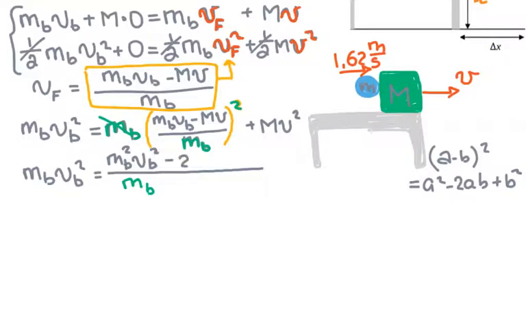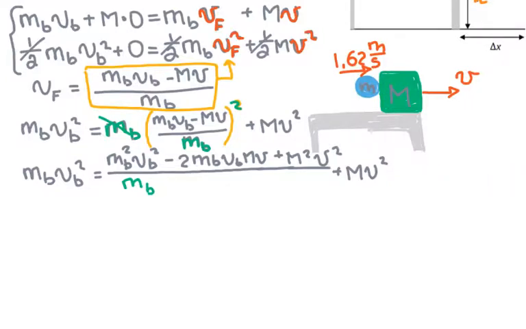So I have 2 mass of the ball, velocity of the ball, mass of the block, velocity of the block, and the last one squared will give me plus the mass of the block, velocity of the block squared, and I still have my mass of the block, velocity of the block.